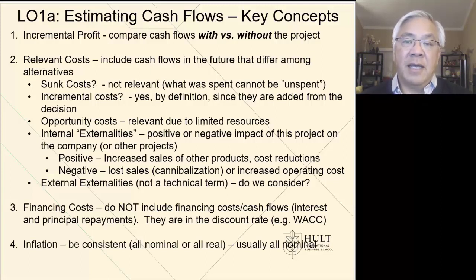There's two choices, and the idea is to be consistent. If you're going to keep everything at nominal, which means take into account the effects of inflation, do so with all the elements of your model. If you want to keep it at the real interest rate or real inflation rate, then keep it with no inflation for any of the elements. So again, just be consistent and your analysis should be fine.